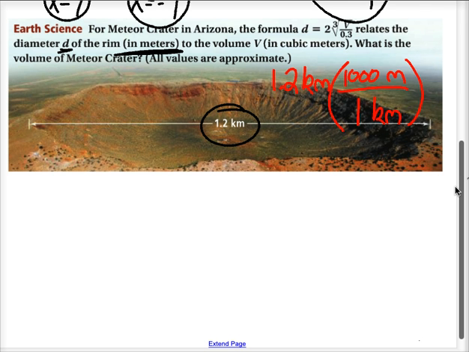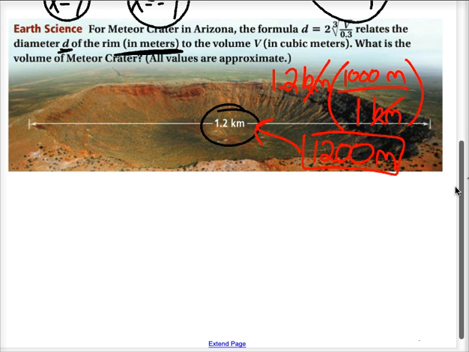Well, the first thing to know is kilo means 1,000. And then how did I know where to put it in the fraction? Well, because I need those two things to cancel out. So I'm going to be left with 1,200 meters. So those two things are equivalent. That's the number we're going to need to use because the formula only works for meters.